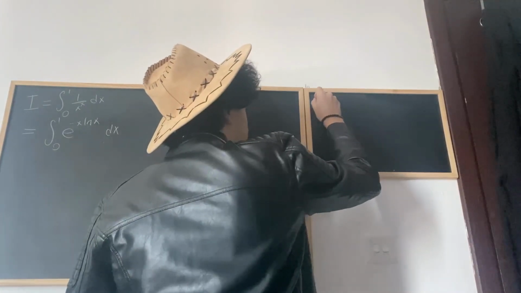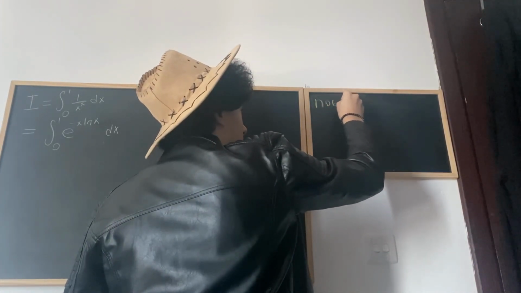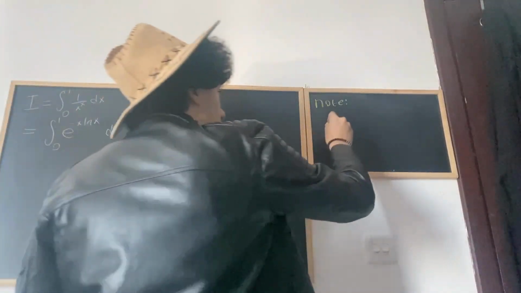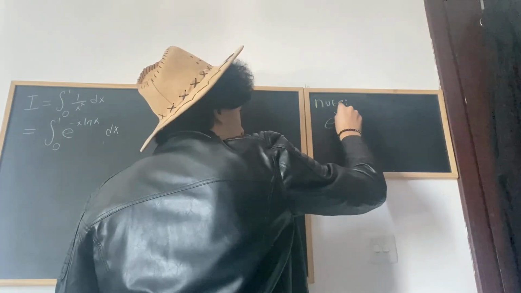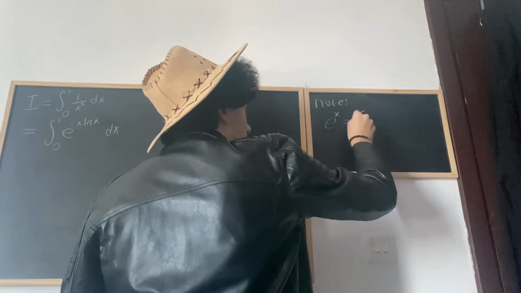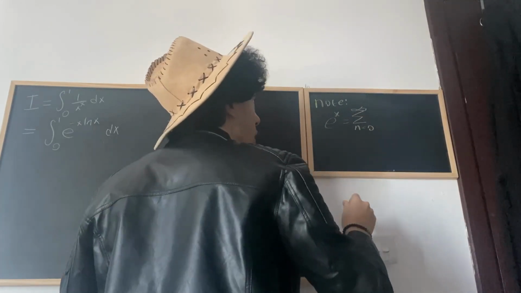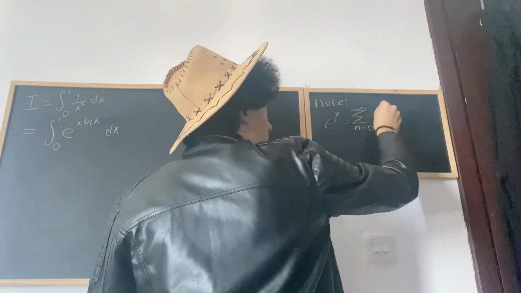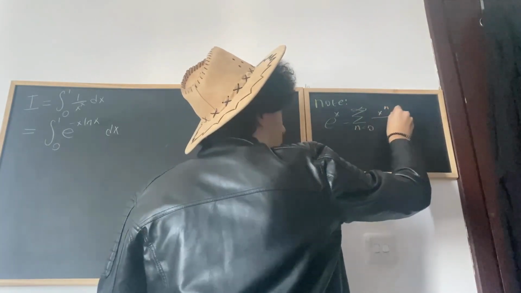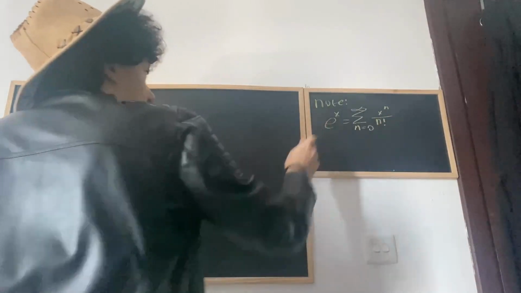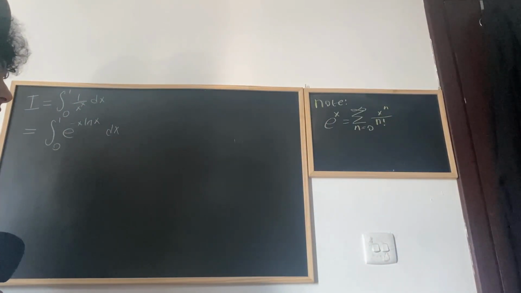Okay, let's go over to this board over here, because I want to remind you of something. So let's put a note over here. Note. Using the Taylor series, we can express e to the x as the sum from n equals 0 to infinity of x to the power of n over n factorial. That's how we represent e to the power of something in the Taylor series.